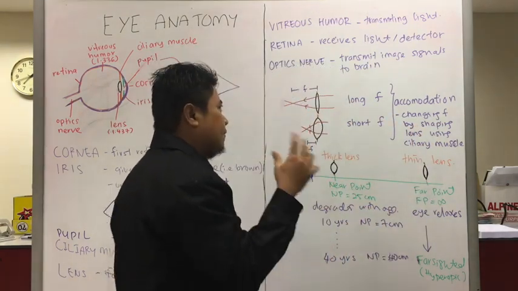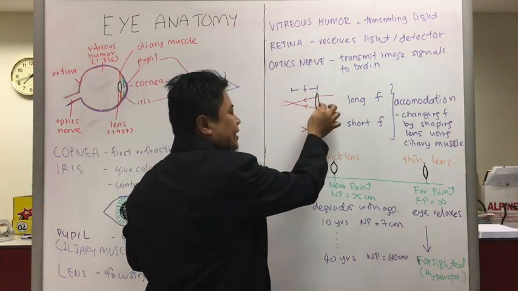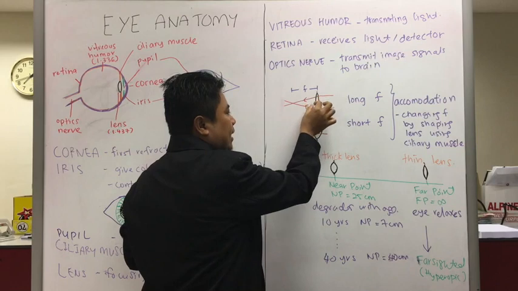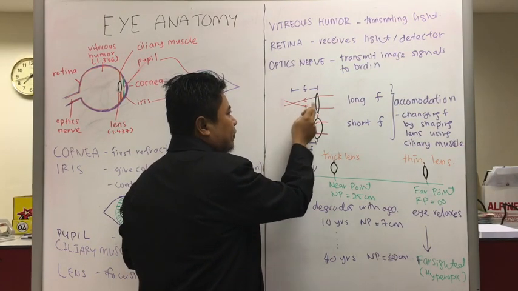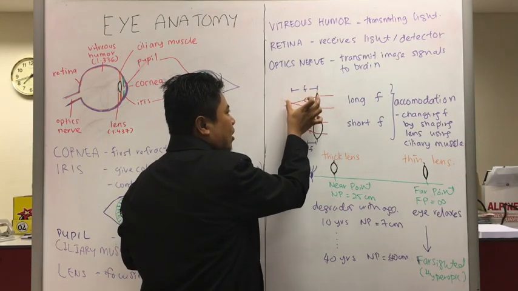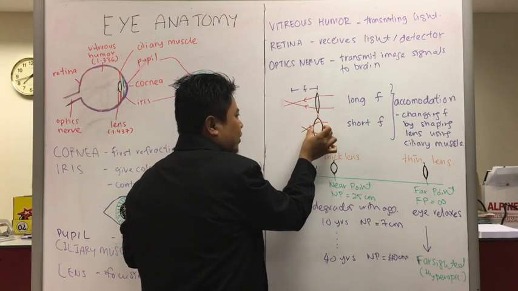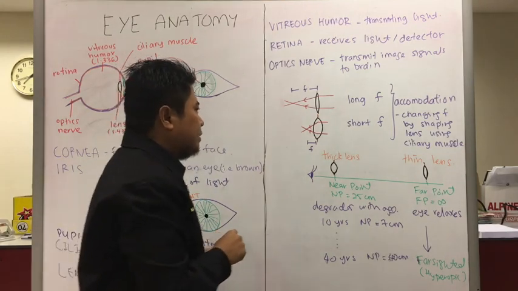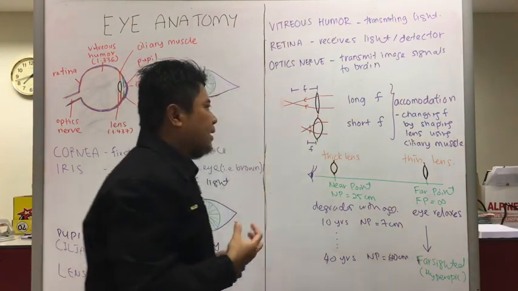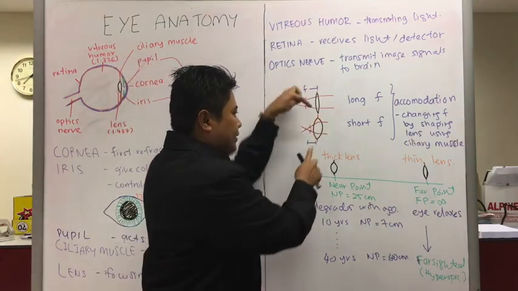For example, we learned from the previous lesson that a thin lens will focus light further from the lens. This is the focal length of a lens. Compare with the thick lens: if you have a thick lens, then the focal length will be shorter.